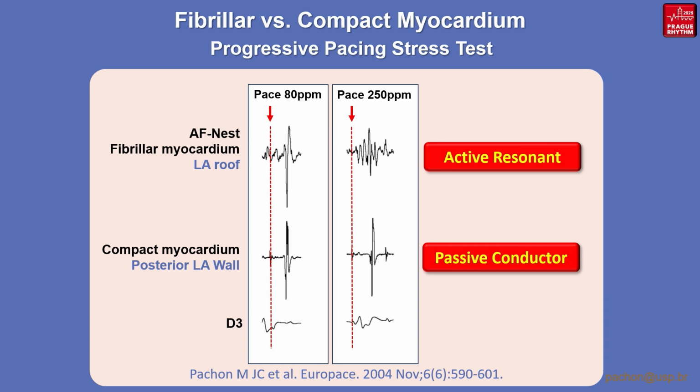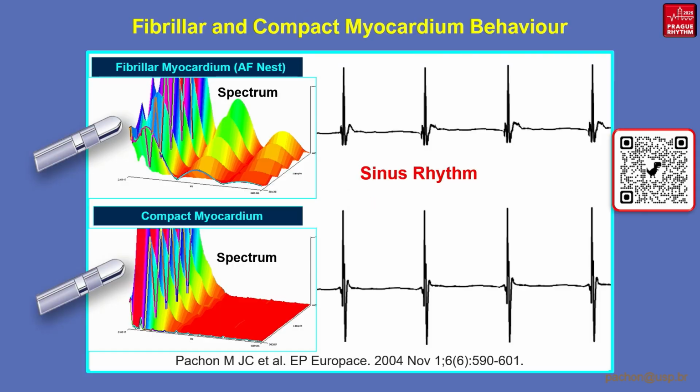This disorganization of the fibrillar myocardium causes electrical resonance that maintains the atrial fibrillation, because the fibrillar myocardium acts as an active resonant arm during atrial fibrillation, and the compact myocardium acts as a passive conductor during atrial fibrillation.